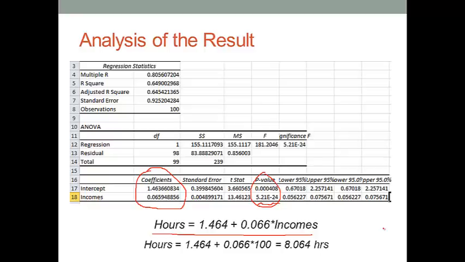It doesn't matter. Let's say the independent variable is a significant influential factor, but the p-value for the intercept, 1.464, is greater than the level of significance.